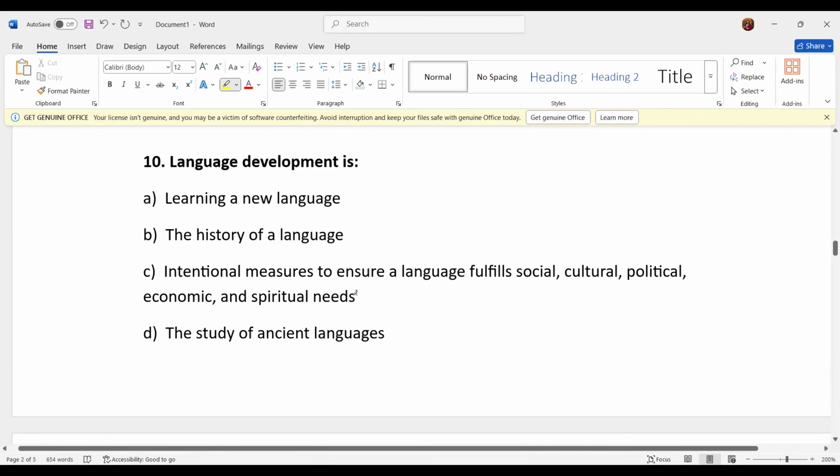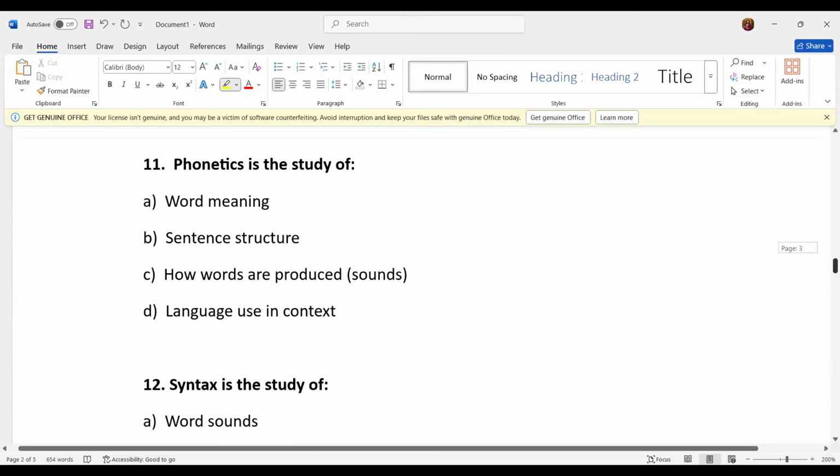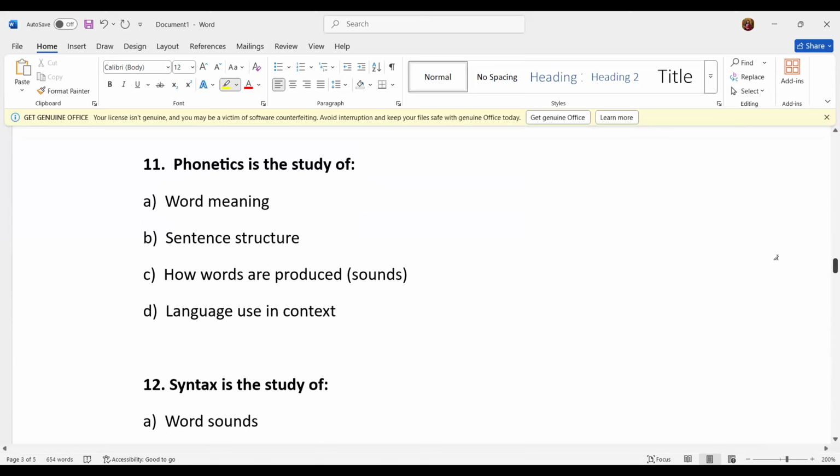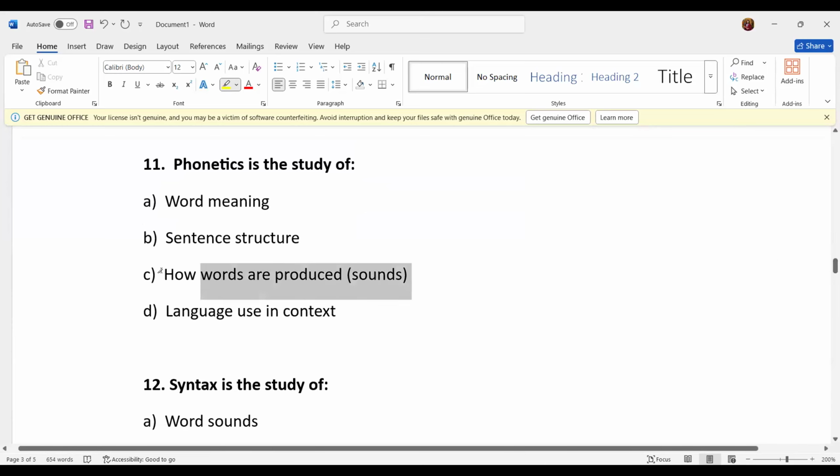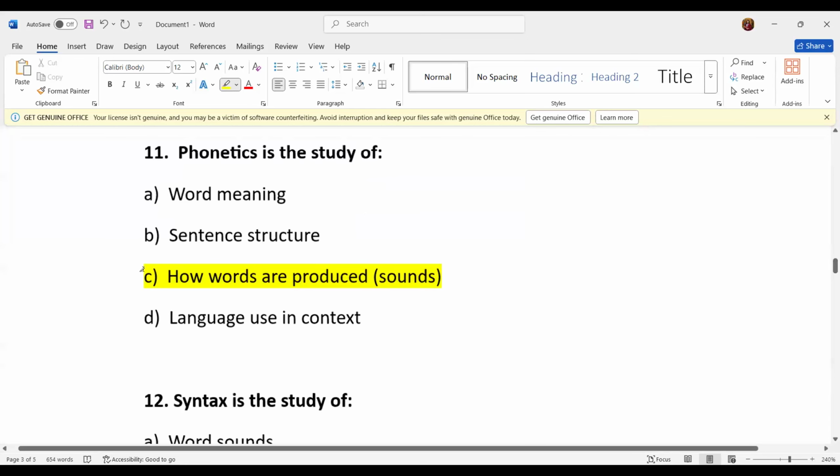Answer C. And I have already shared this with you. Phonetics is the study of. Yes, answer C is the correct one. How words are produced.